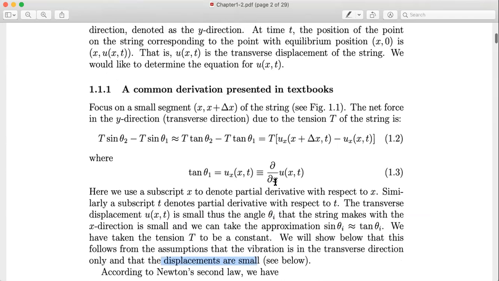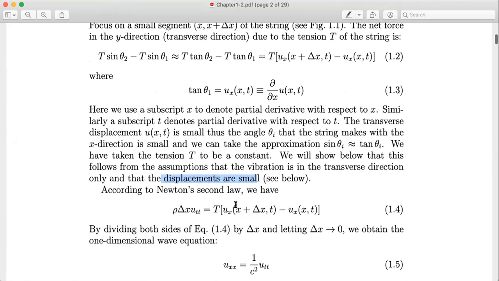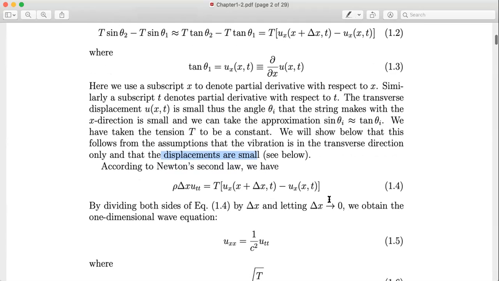So that will be the notation we have here. And so we put them all together. So that will be Newton's second law applied to that segment. And we get this. Then the final step will be we take this delta x to be 0.